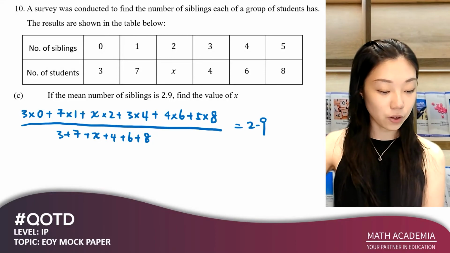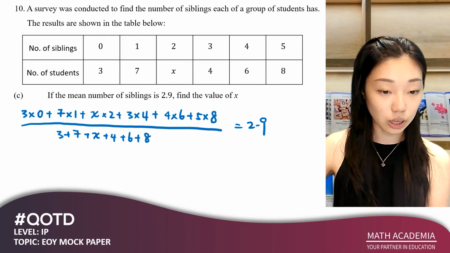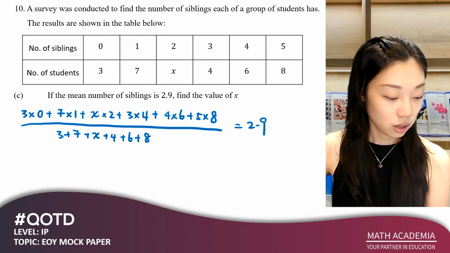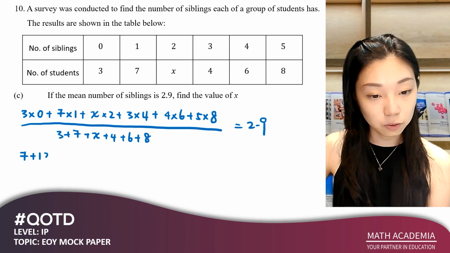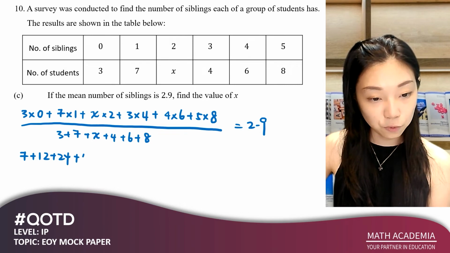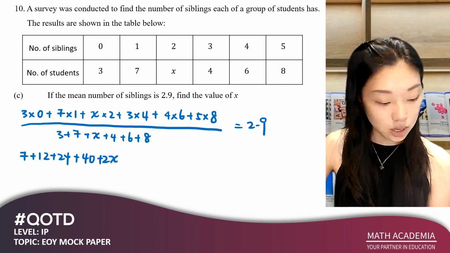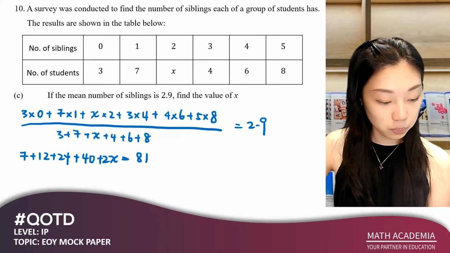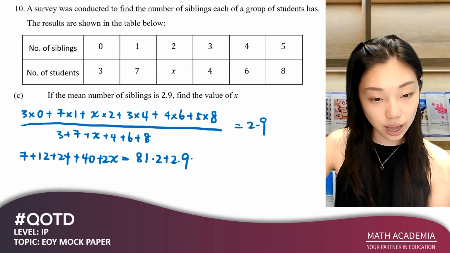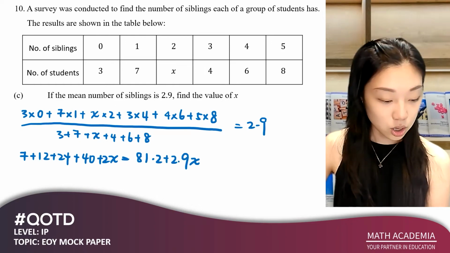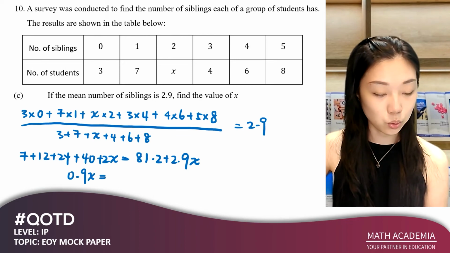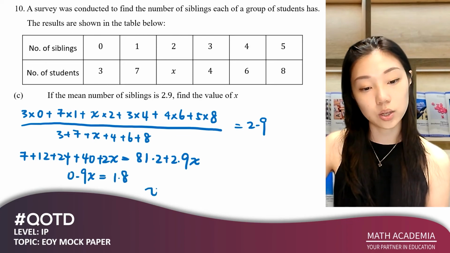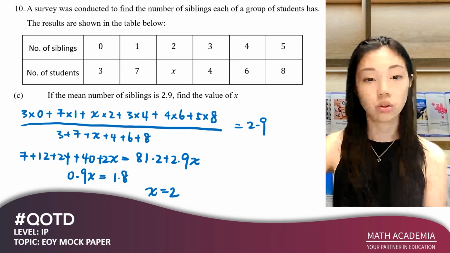If I simplify it, I would have 7 plus 12 plus 24 plus 40 plus 2x equals 81.2 plus 2.9x. So 0.9x will equal 1.8, therefore x would equal 2.